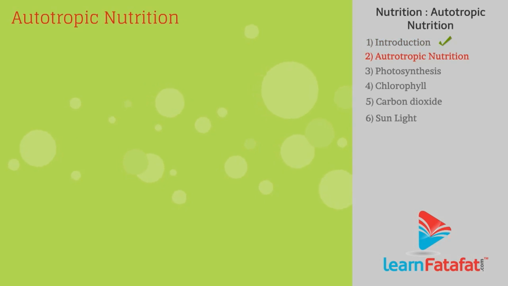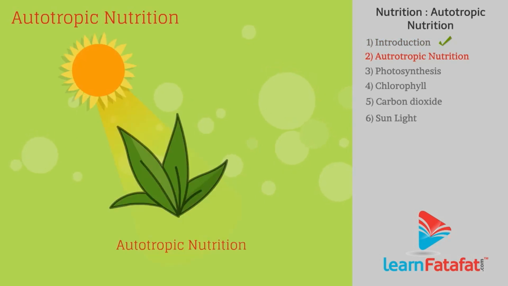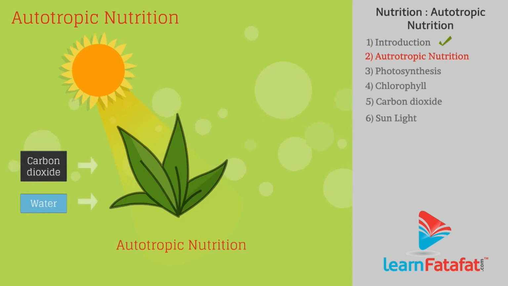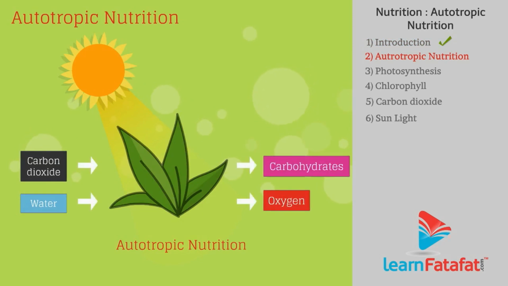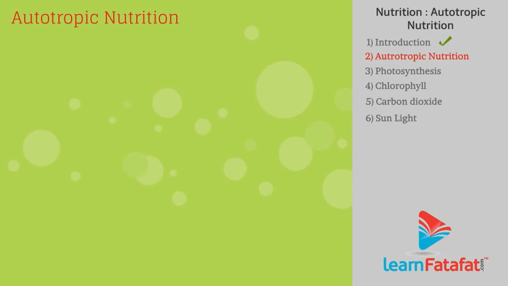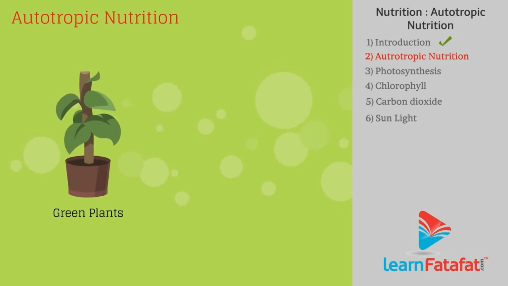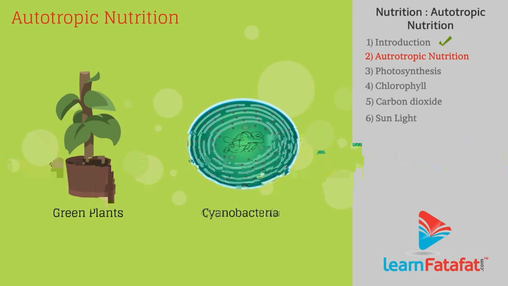Autotrophic nutrition, the mode of nutrition in which organisms obtain food in the form of carbon dioxide and water, is known as autotrophic nutrition. The organisms which fulfill their food requirements with autotrophic nutrition are called autotrophs. For example, green plants and some bacteria such as cyanobacteria.